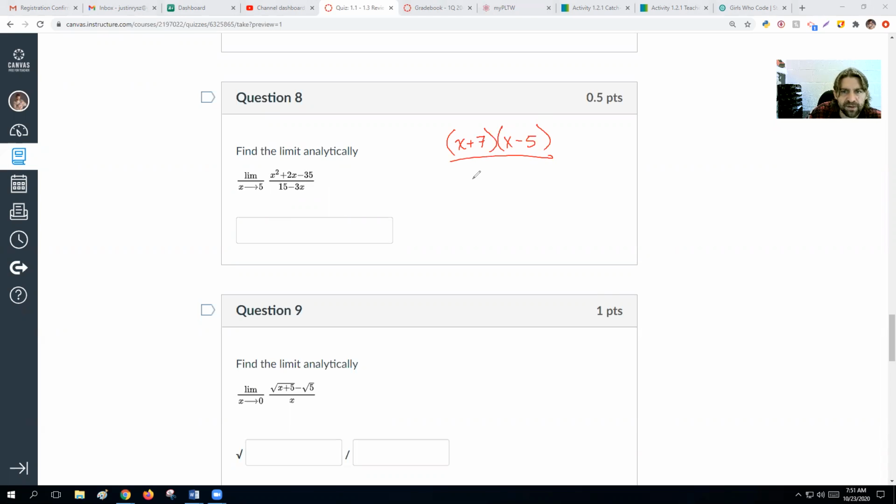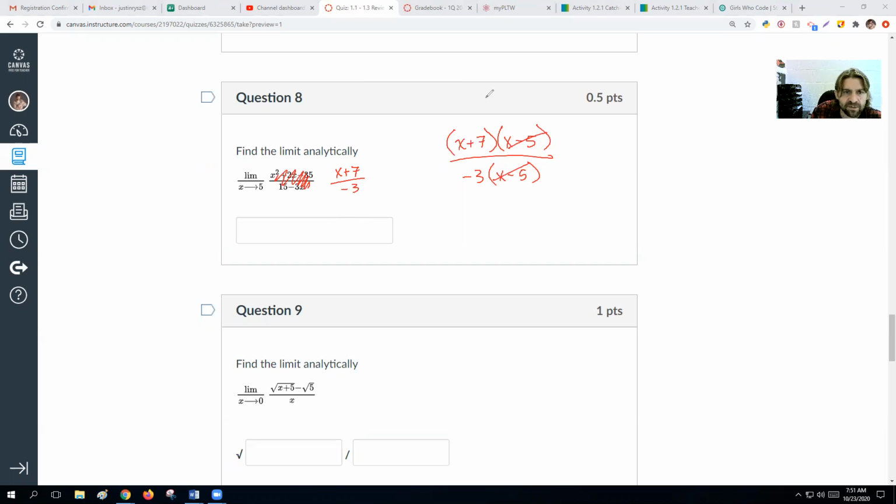Now on the bottom here, what I want to do is I want to get rid of like this 5. So can I factor out an x minus 5? And in order to do that, I would have to factor out a negative 3 to make that a negative 5 and then make that a positive x. So, okay, so it cancels out. Our equivalent equation is going to become x plus 7 over negative 3.